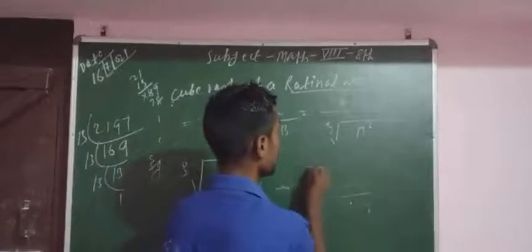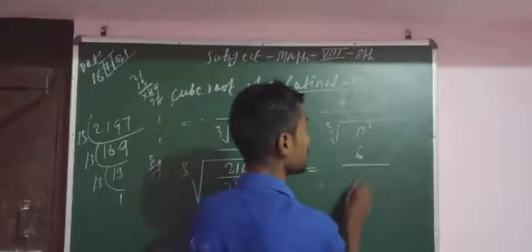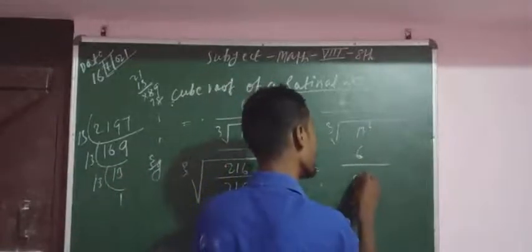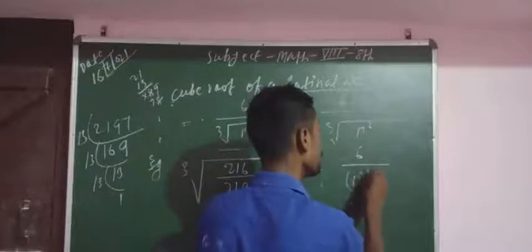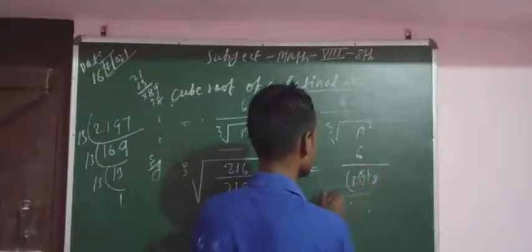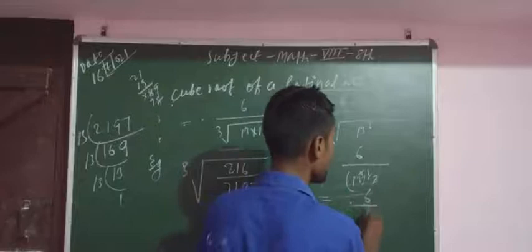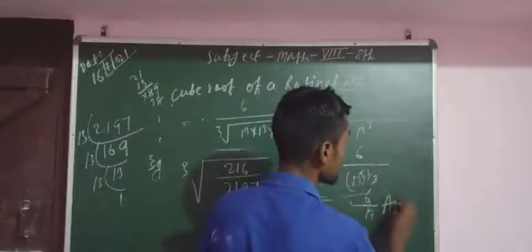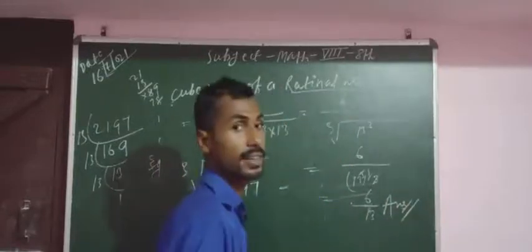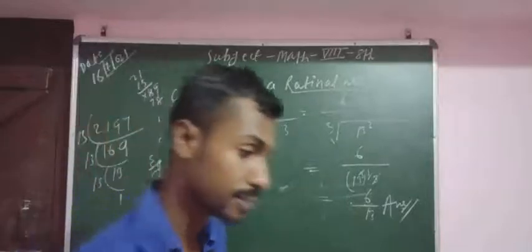Now 6 by 13 to the power 3 into 1 by 3. The 3 will be cancelled and now the value is 6 by 13. 6 by 13 is the answer.